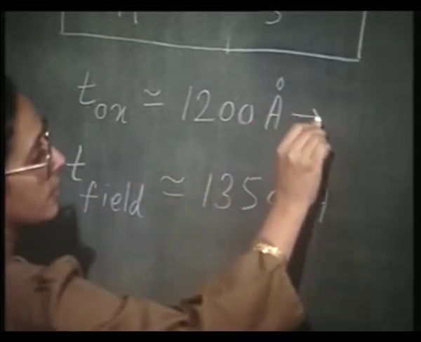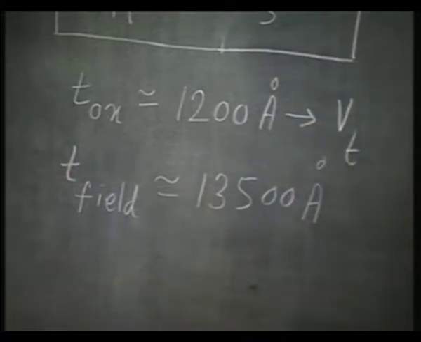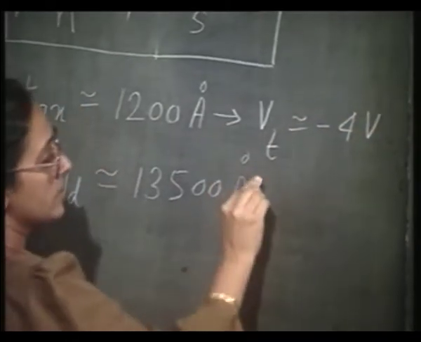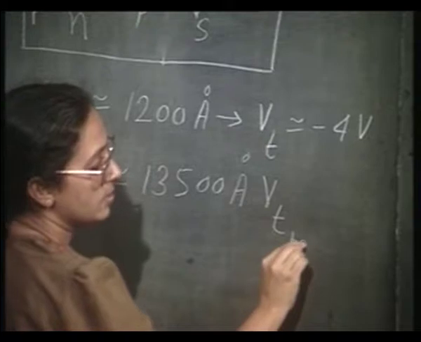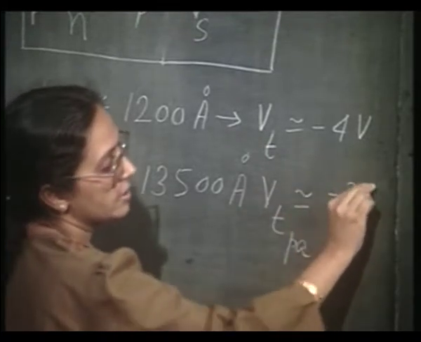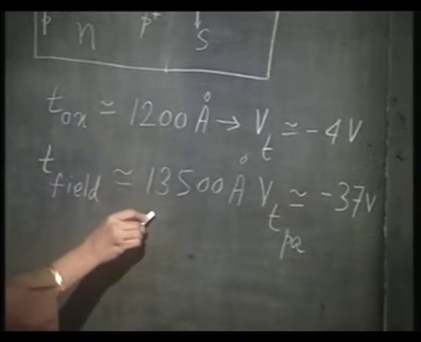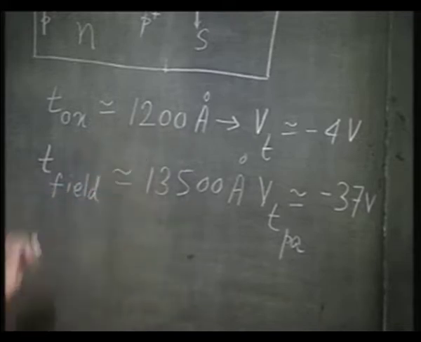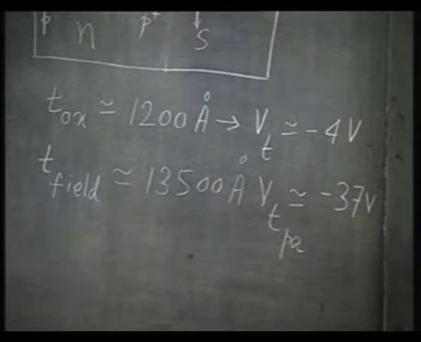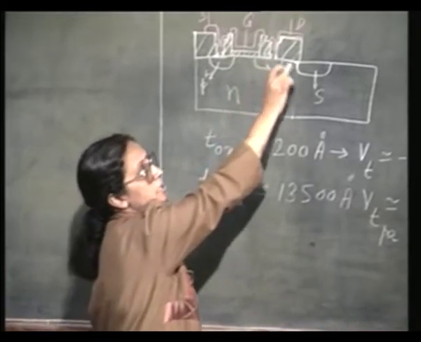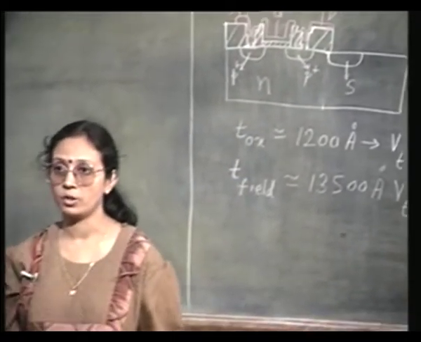So, in this case, the threshold voltage for this PMOSFET was about -4 volt, and the threshold voltage of the parasitic MOSFET was about -37 volts. So, you see, if you scale the two oxide thicknesses by a factor slightly more than 10, the threshold voltage also scales by almost a factor of 10. So, that is the purpose of having this thick field oxide, so that this parasitic MOSFET does not inadvertently get turned on.